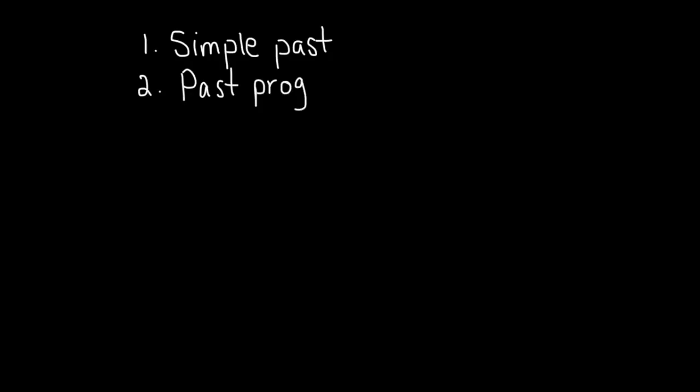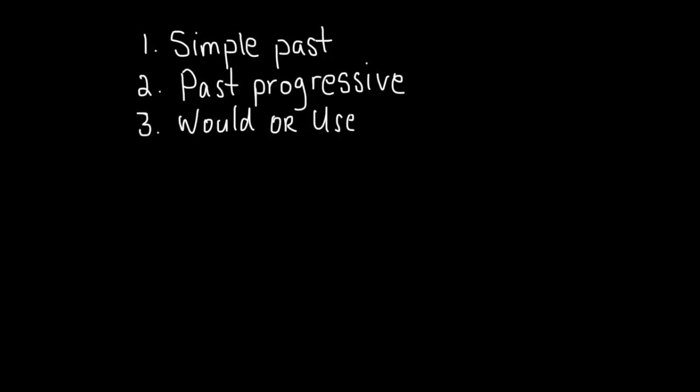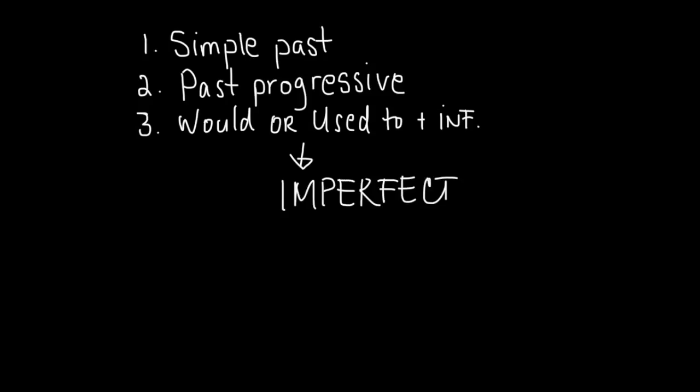Although in English you use would or used to plus the verb in infinitive, in Spanish you use the imperfect. So in sum, when in English you use either the simple past, the past progressive, or the expression would or used to plus the verb in infinitive, in Spanish you use the imperfect tense.